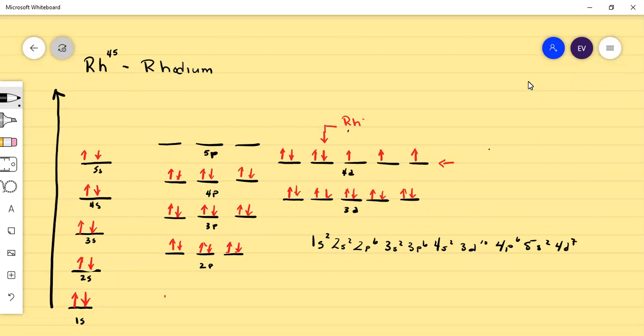That's going to be our element. Double check: 1, 2, 3, 4, 5, 6, 7. Yes, so that's the orbital notation for rhodium.